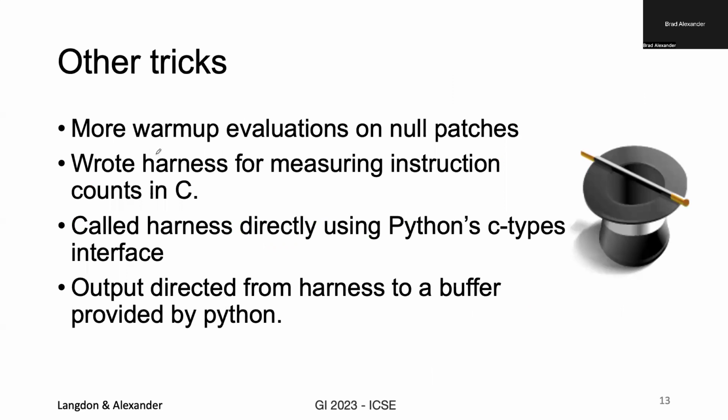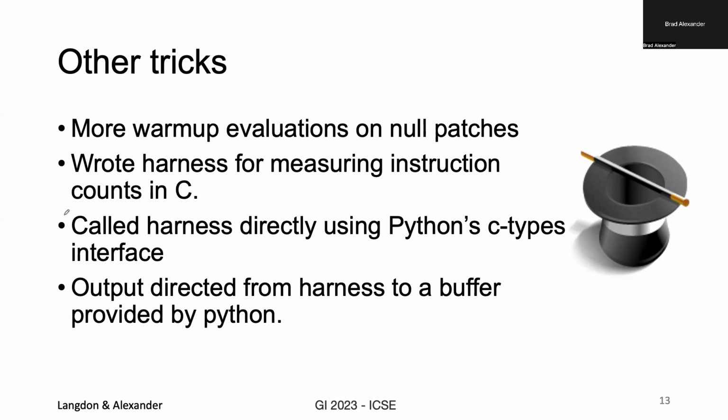Now, there's a bunch of other tricks that we used, partly in response to the initial issues with wall clock time. We ran more warm-up evaluations on null patches to get a baseline for improvement. But of course, that also helps in reducing the impact of noise, especially on those first warm-ups. We wrote a test harness for measuring instruction counts purely in C. So the measurement of the time it took to run the program is purely in C code.